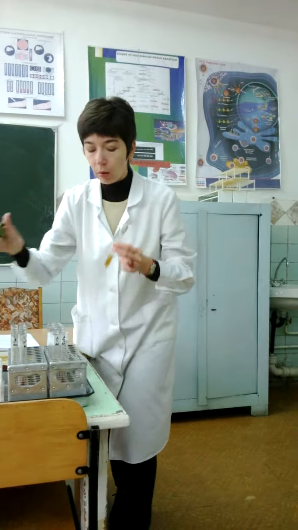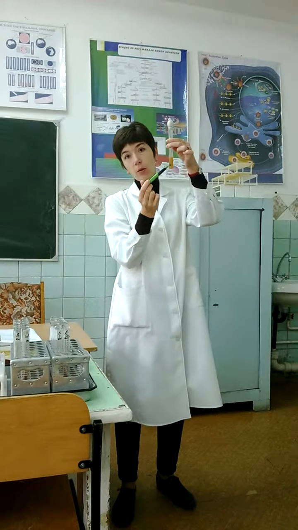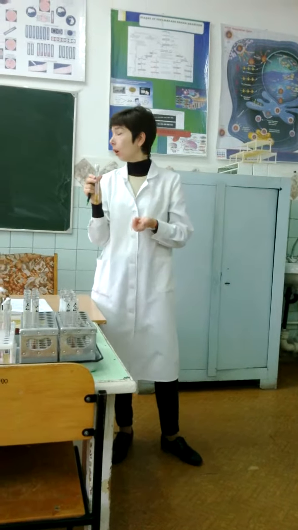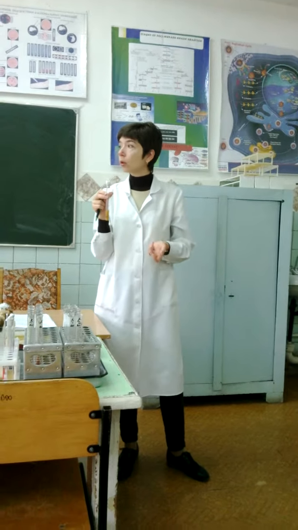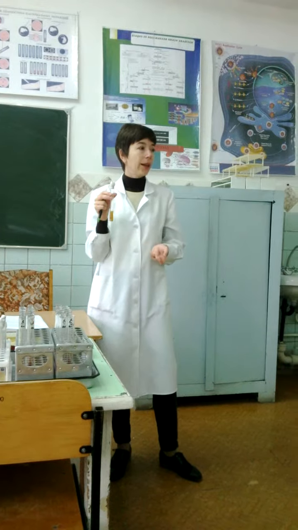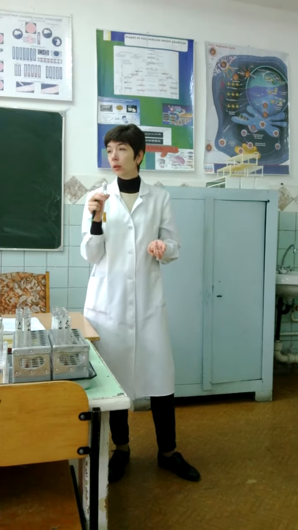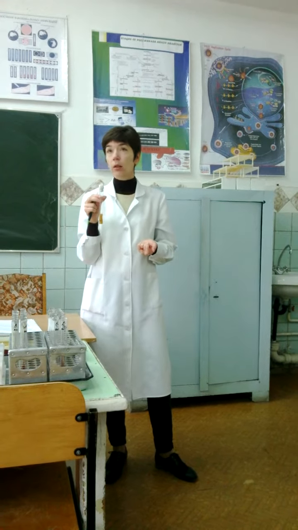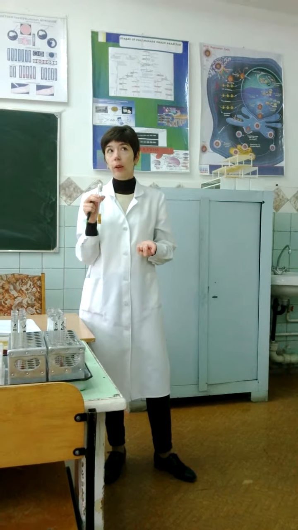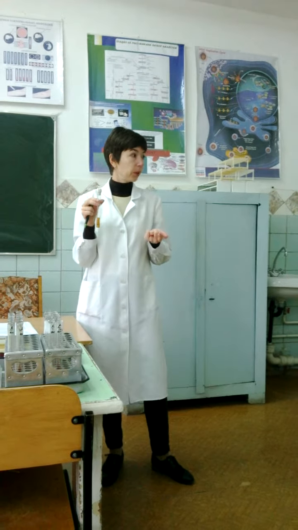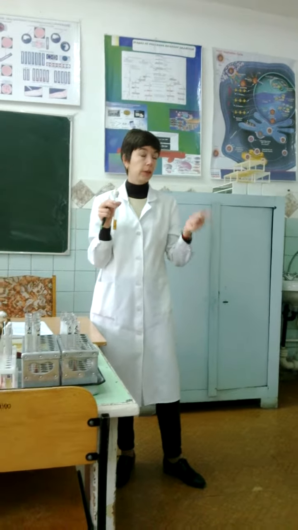On this medium, we get isolated colonies of black color. Why is it black? It also contains 1% glucose, agar, and sulfite, natrium sulfite, and ferrum chloride.